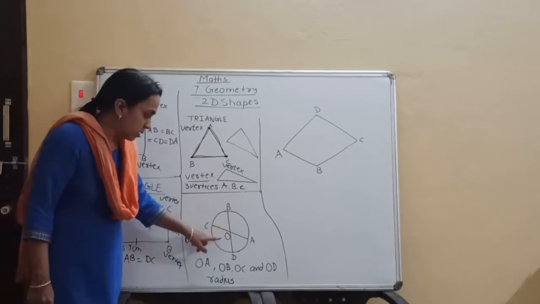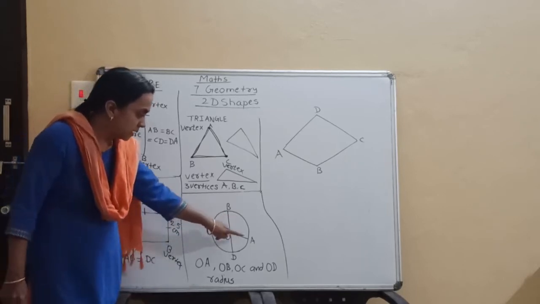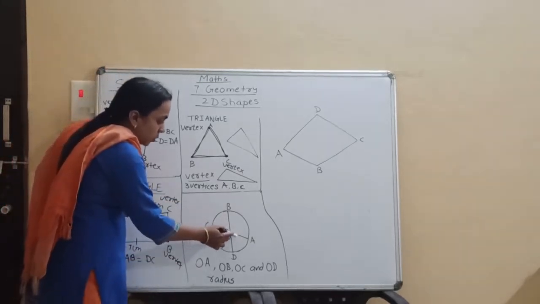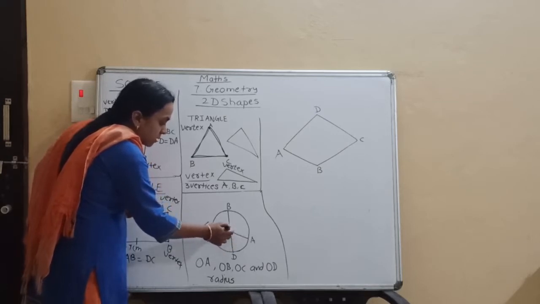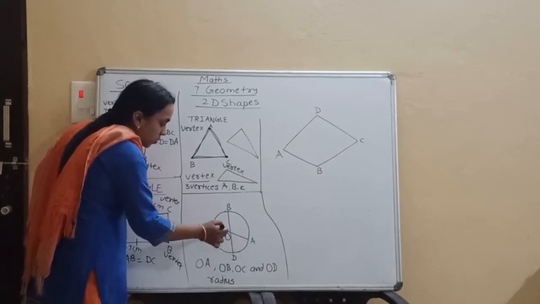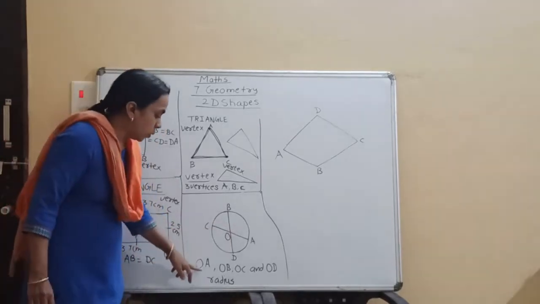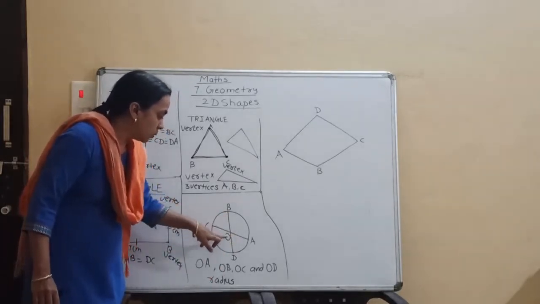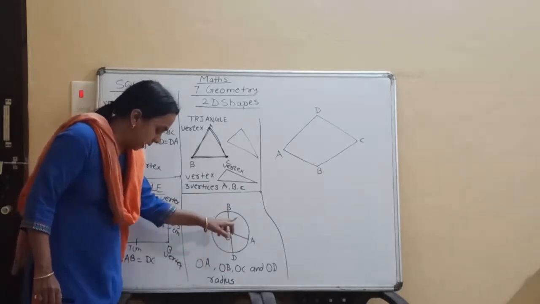In this circle, this O point is the center point of the circle. From this O, the distance of OA, the distance of OB, the distance of OC, the distance of OD is the same. These lines OA, OB, OC, OD are called the radius of this circle.